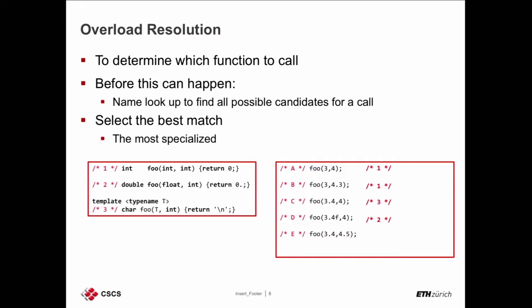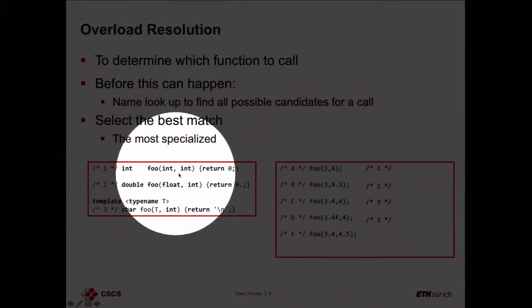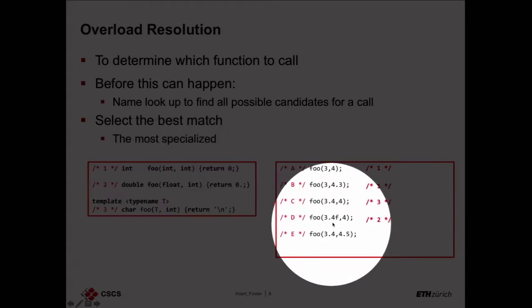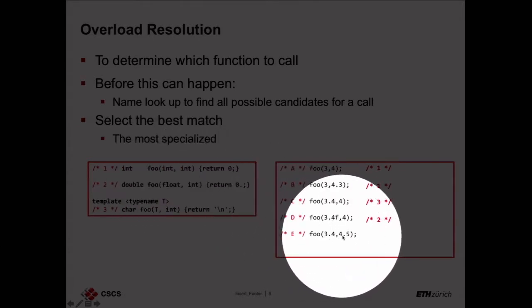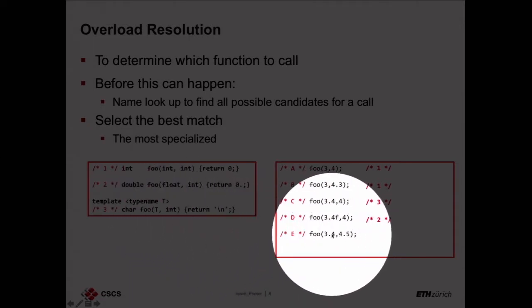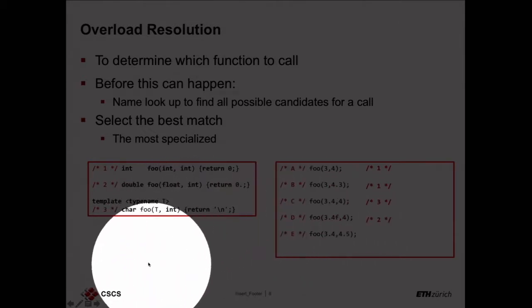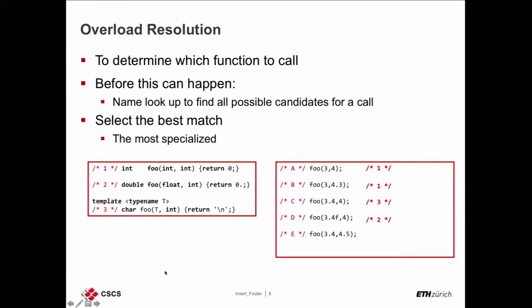The first one will imply converting the doubles to integers, so two conversions. This one will imply two conversions, one to float and the other one to int. The third one will imply one goes through as double and the other one is converted to int. So it's simpler. It's only one type conversion instead of two, so it goes to the template version.